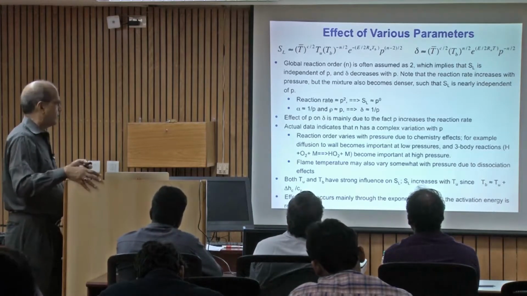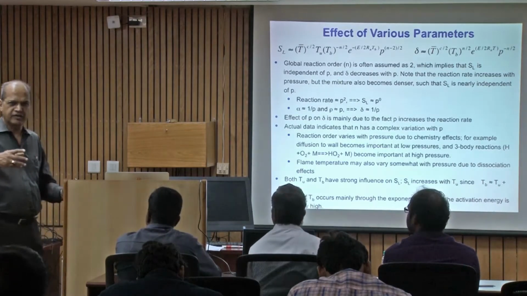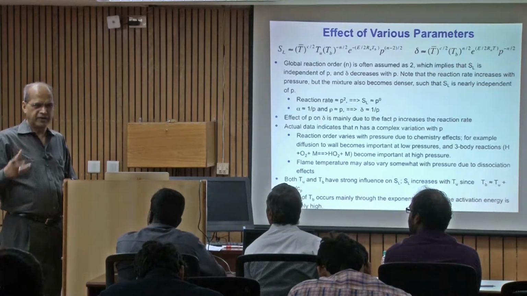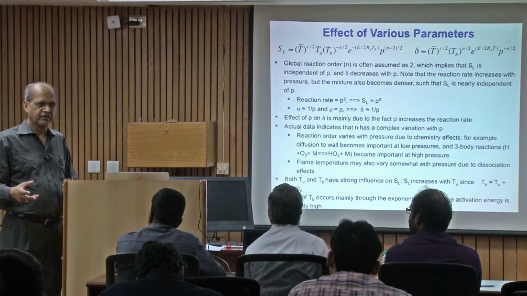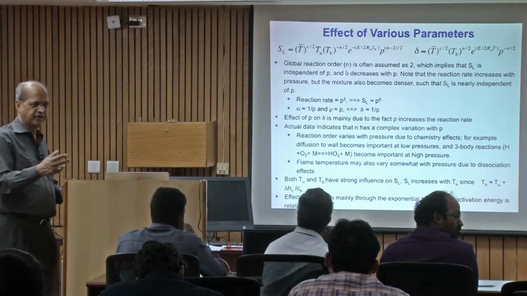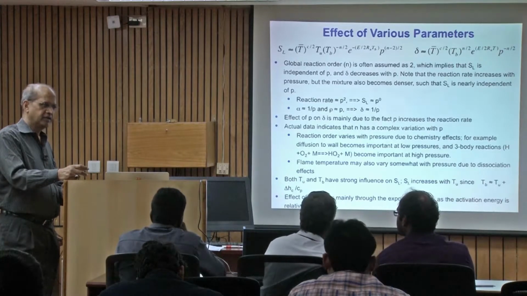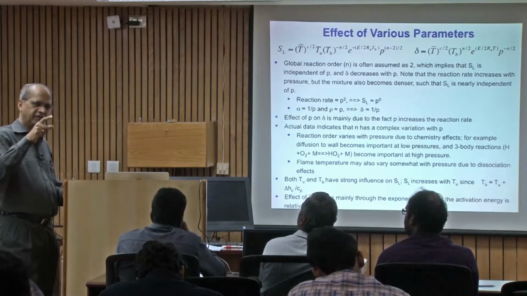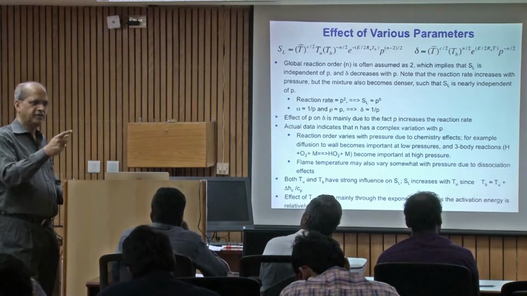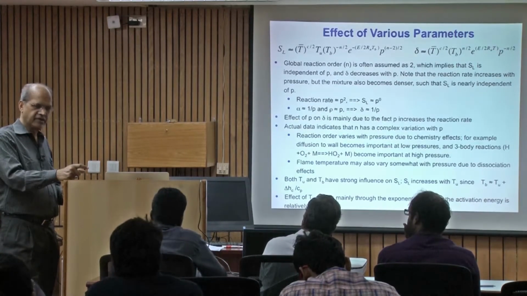Again, remember, the flame speed is also called the burning rate. It's also called the laminar burning rate. Sometimes they use burning rate as flame speed times the density. Then it's the mass burning rate per unit area.